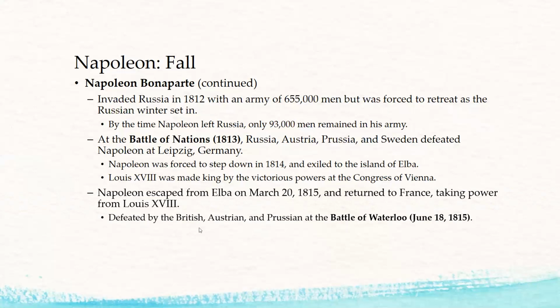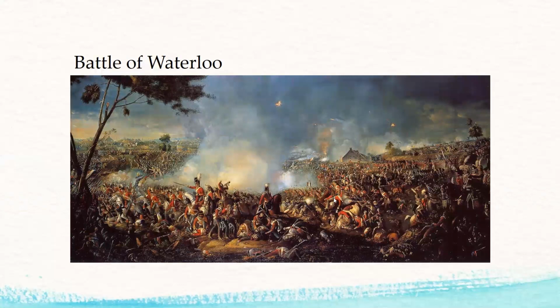And the British, the Austrians, and the Prussians all got together, and at the Battle of Waterloo on June 18th, 1815, they defeated Napoleon decisively. And Waterloo, by the way, is named for a tiny Belgian village called Waterloo. So in this battle, the British actually did fight.